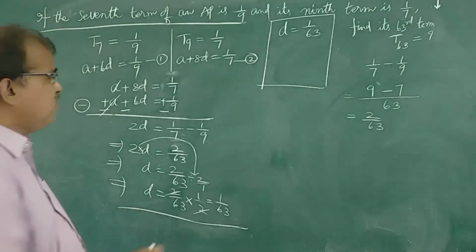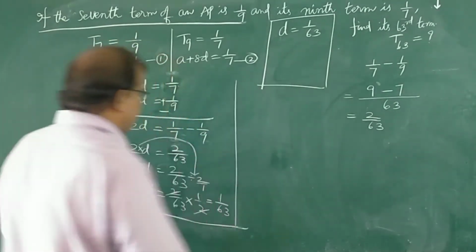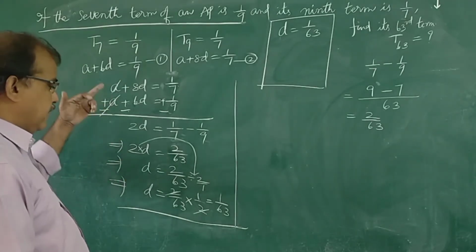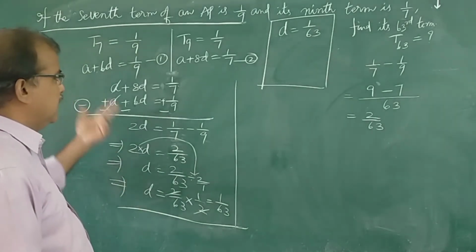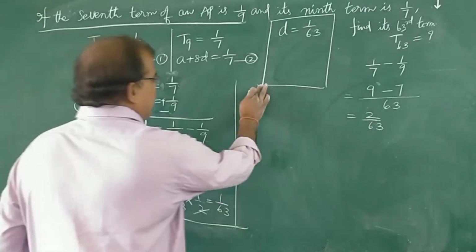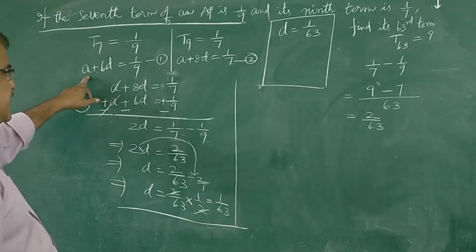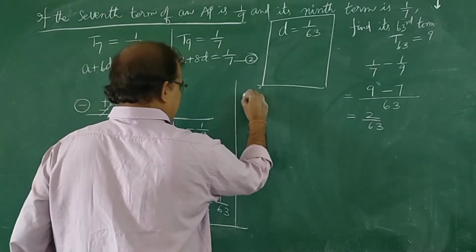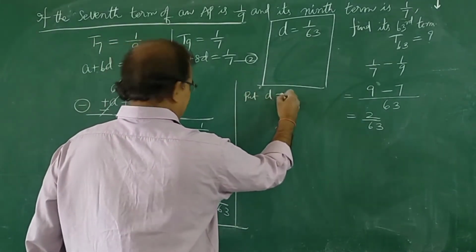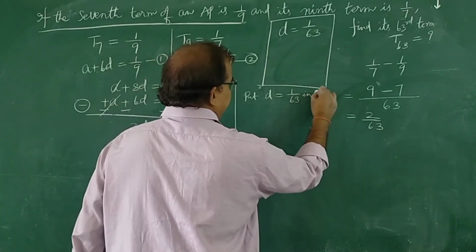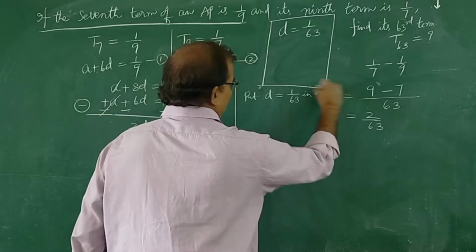Now, substitute the D value in either equation 1 or 2, so that we will get the A value. A plus 6D is equal to 1 by 9. Put D is equal to 1 by 63 in equation 1.